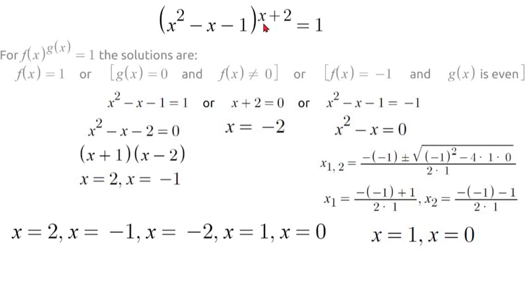But if we plugged in 1, 1 plus 2 equals 3, which is odd. So therefore, out of these 5 options, 1 cannot be an answer. So therefore, we have 4 solutions, which are 2, negative 1, negative 2, and 0.